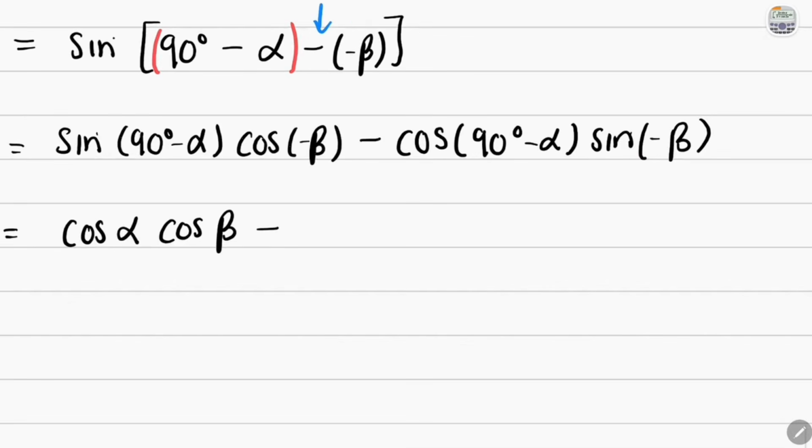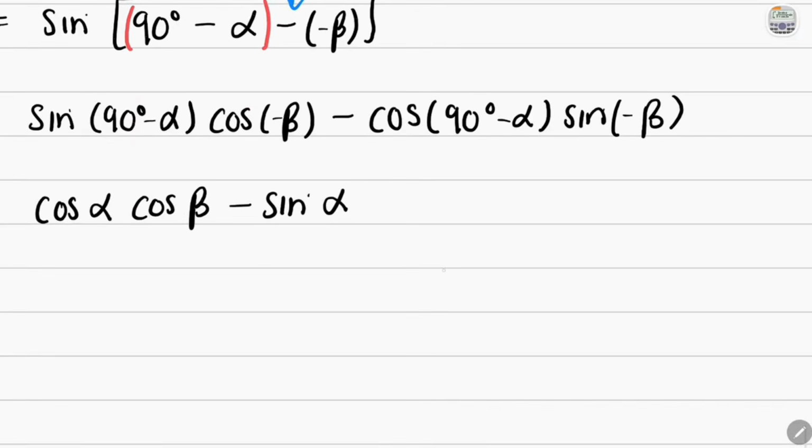And then we have here minus, and what is cos 90 degrees minus alpha? That becomes sine alpha. And sine negative beta, so add 360 degrees to that. So this is sine 360 degrees minus beta. We know that this reduction is in cos's quadrant, where sine is negative, so this reduces to negative sine beta. But you need to remember that these two are being multiplied.